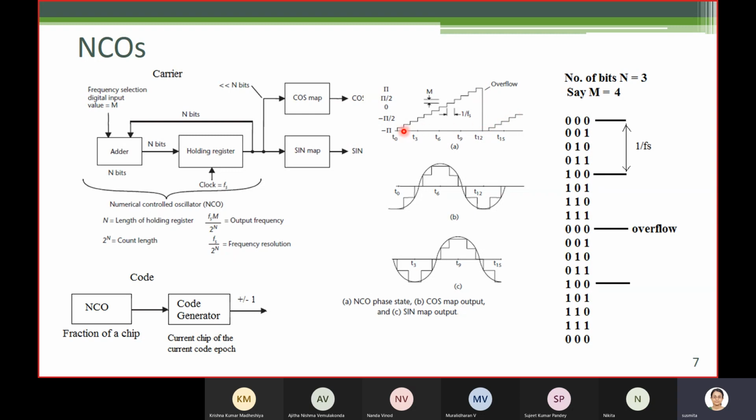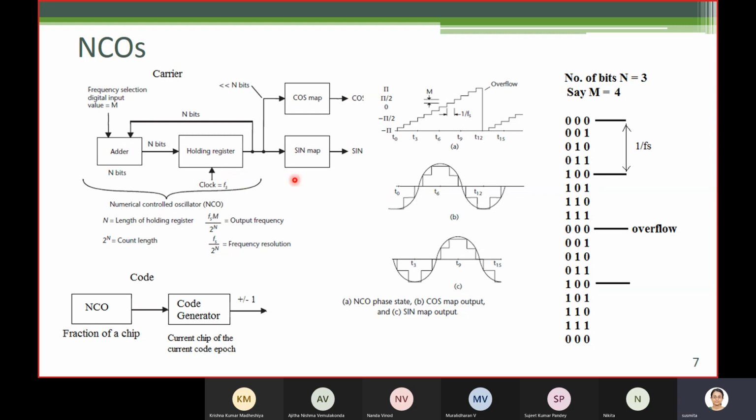How can we increment the phase? It is driven by a clock. Now the clock signal will be a series of square waves, so you get pulses from the clock. A pulse has a rising edge, it also has a falling edge, right?